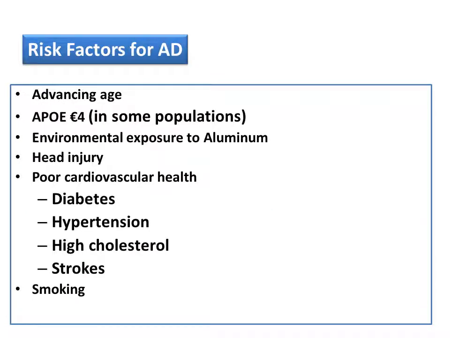Risk factors for Alzheimer's disease include advancing age, apolipoprotein E epsilon 4 allele in some populations, environmental exposure to aluminum, head injury, poor cardiovascular health like diabetes, hypertension, high cholesterol, and strokes, and smoking.